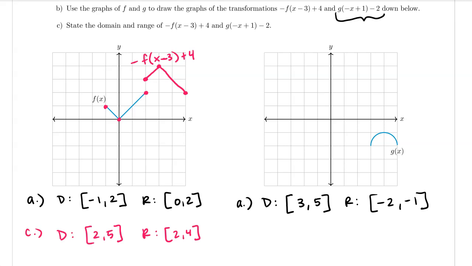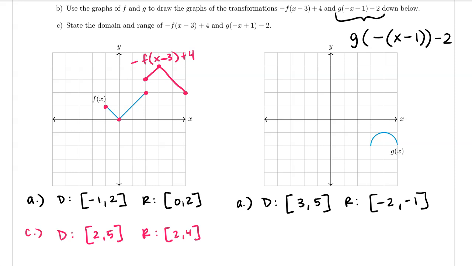And so if we factor out the negative, while still remaining inside of our g function, we would have g of negative, and I'm factoring out a negative 1, and then when we have the plus 1, if we factor out a minus 1, that would turn into minus 1, and then I need 2 close parentheses, and then we'd have our minus 2.